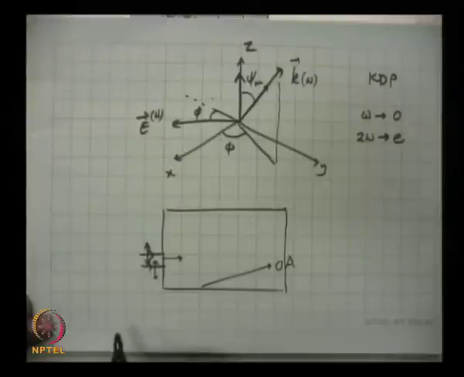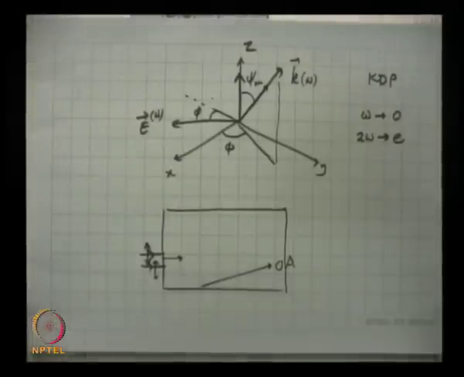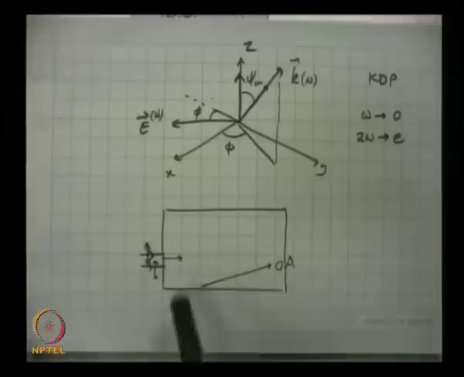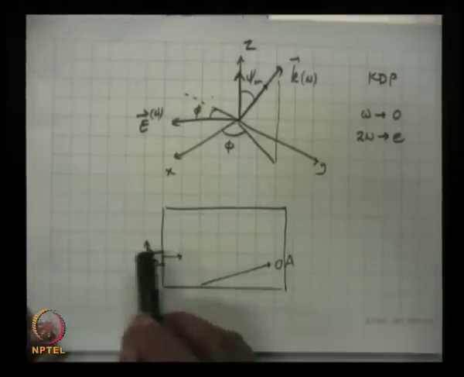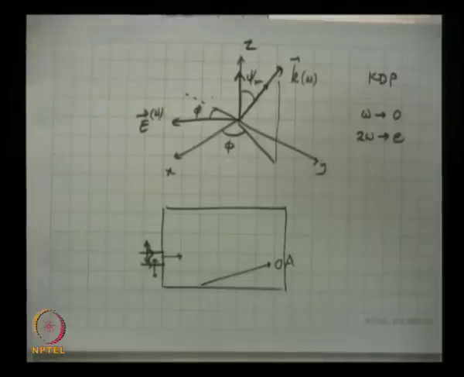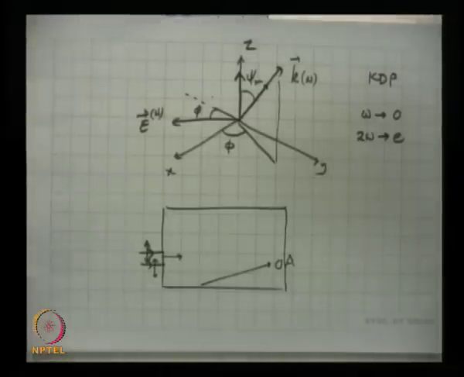Now, let me ask you a question. What determines the direction of the k vector as the wave goes from one medium to another medium? What should be conserved? Energy is all right.